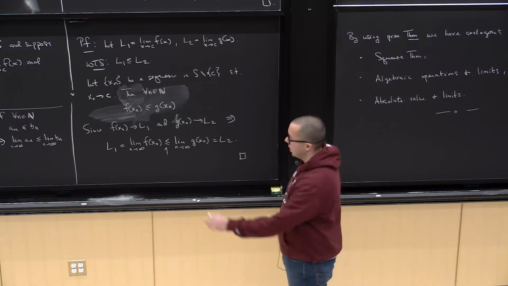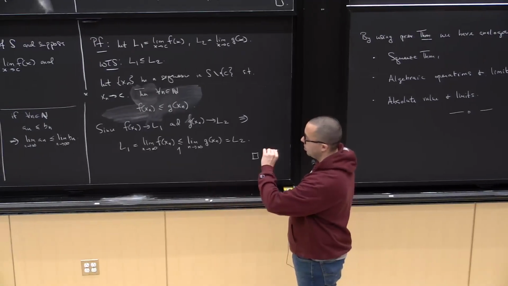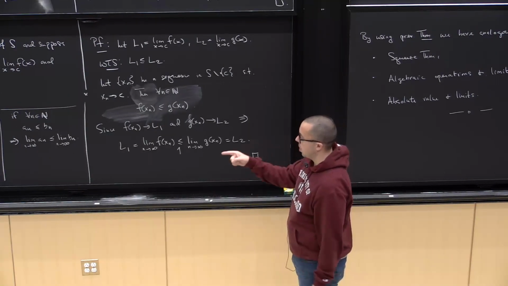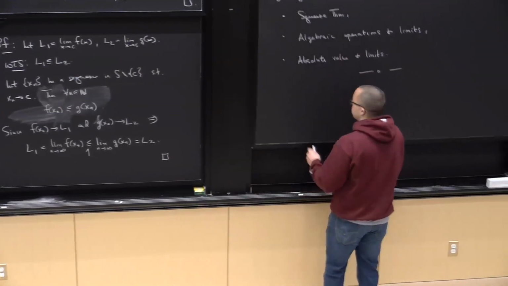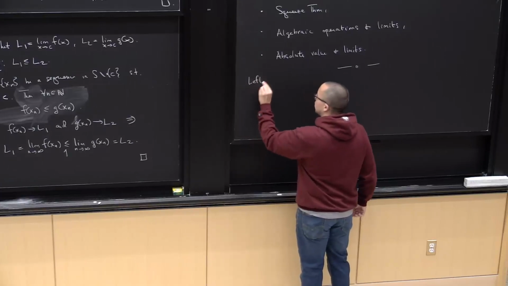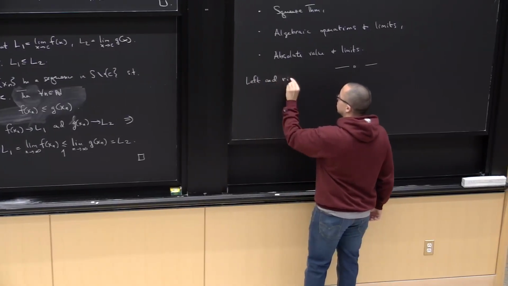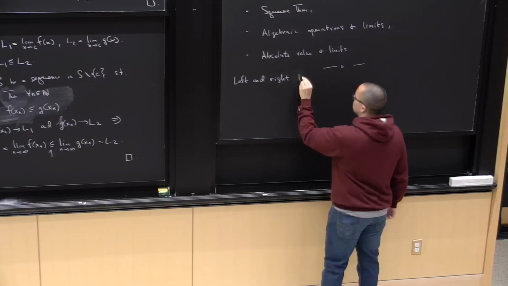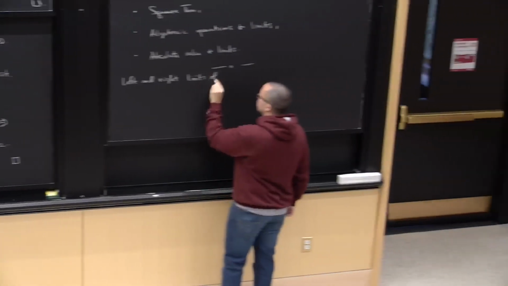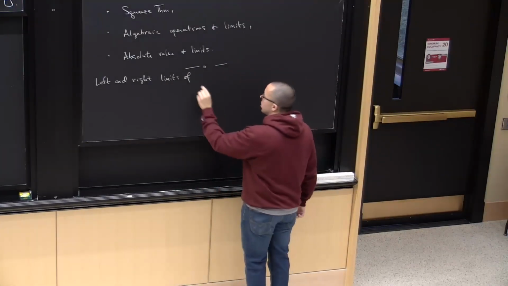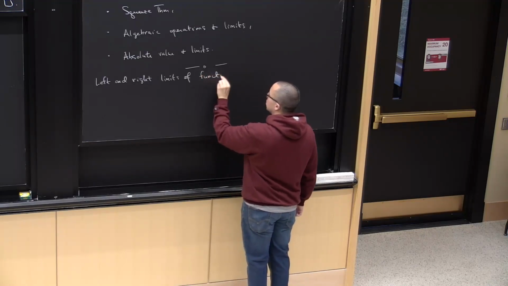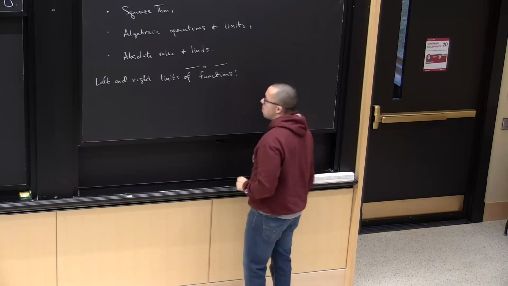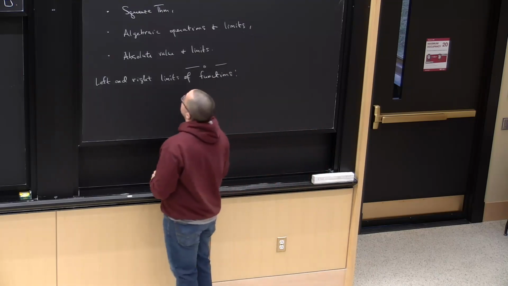On the real number line, it can converge to c from the left, or it can converge to c from the right. And this leads to the notion of left and right limits of functions.